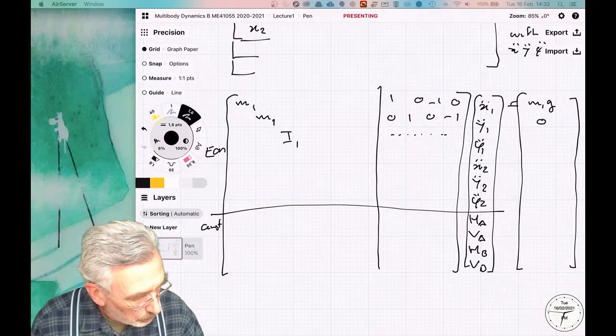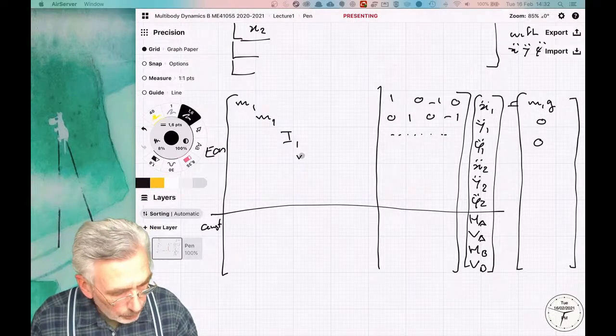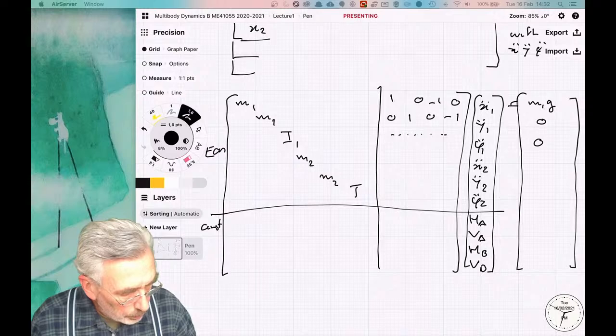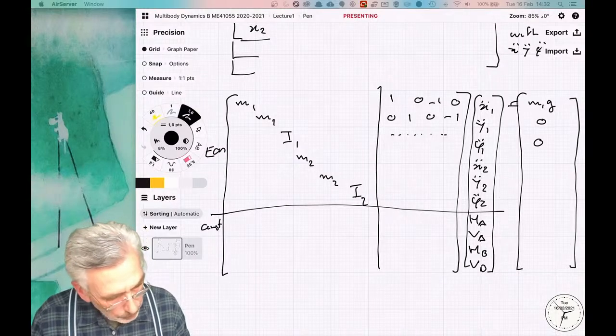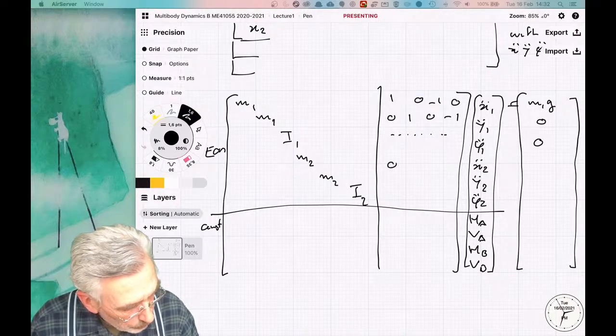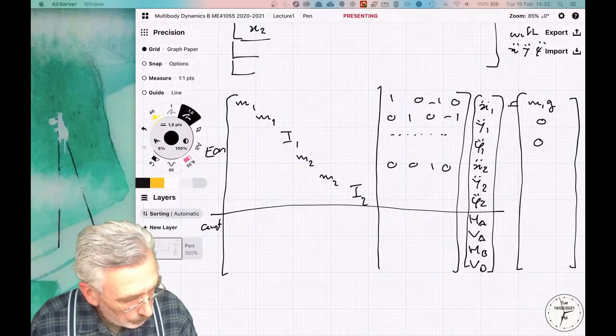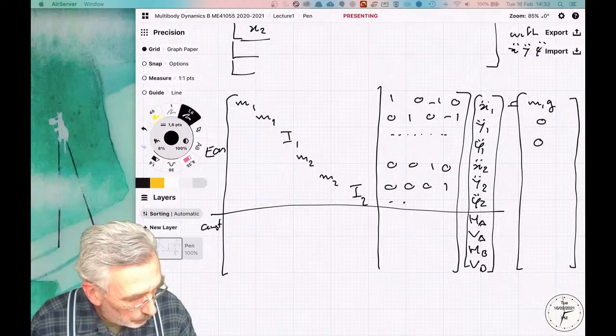And on the right hand side 0 and 0. And you can continue, m2, m2, I2. Not so interesting for now. Well, anyway, this I know by heart, 0, 0, 1, 0, 0, 0, 0, 1.